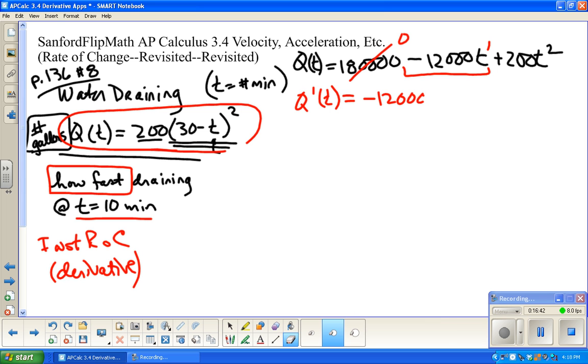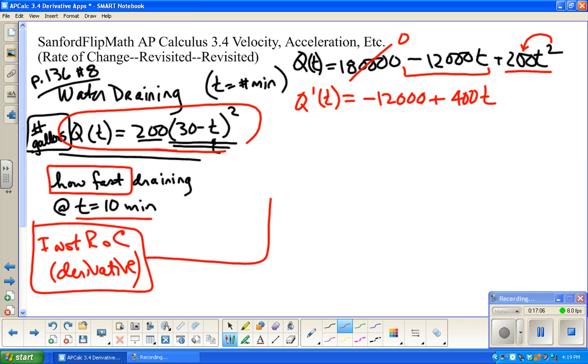Sorry about that. Okay. Well, this is t to the 1, so when I subtract 1 from that to do the derivative, this then becomes t to the 0, which means it's not there. And then the 200 becomes 2 times 200, which is 400 t.